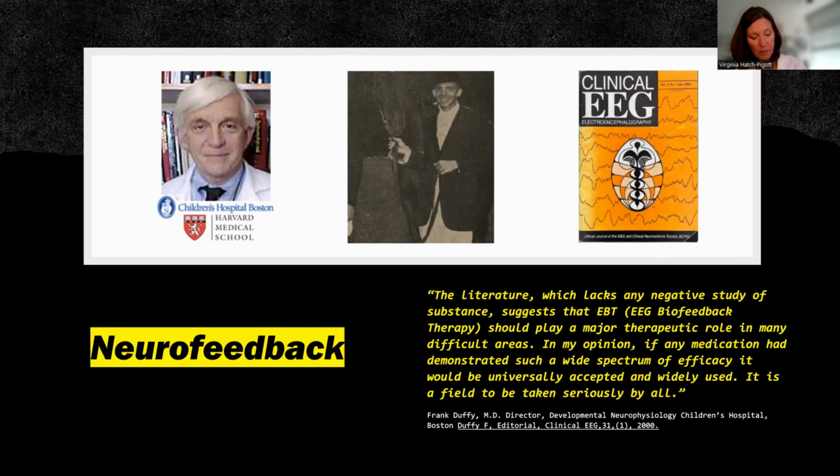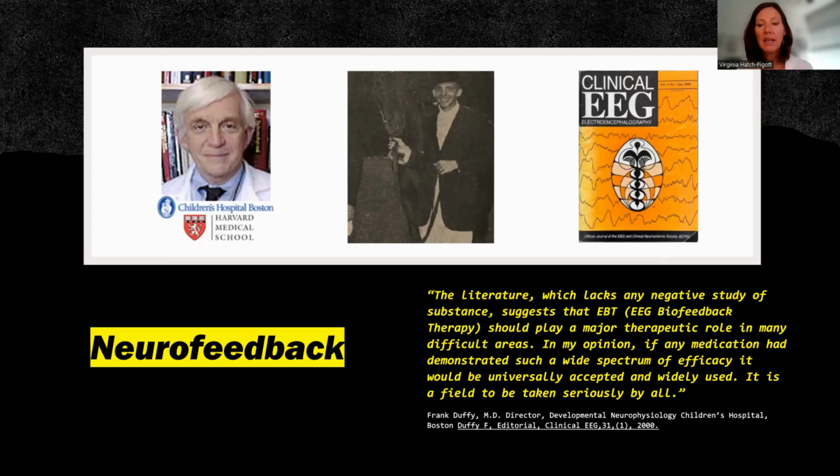He is often quoted as saying, "The literature, which lacks any negative study of substance, suggests that EBT, EEG biofeedback therapy or neurofeedback, should play a major therapeutic role in many difficult areas.